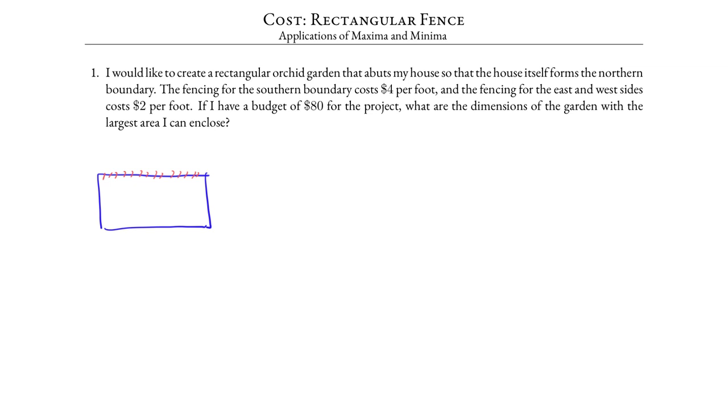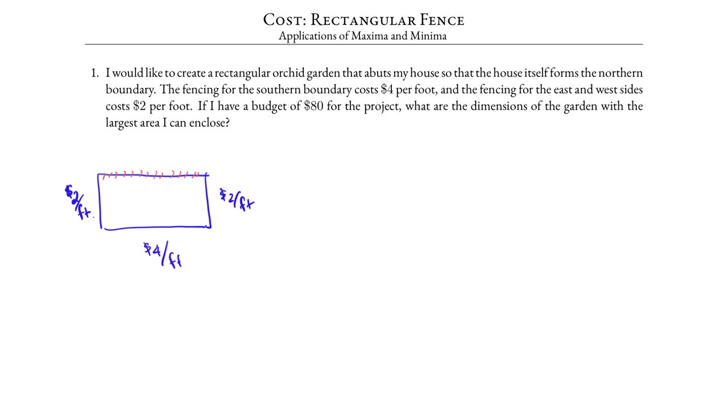The fencing for the southern boundary costs $4 per foot. And the fencing for the east and the west side costs $2 per foot. And that is the cost of the material.